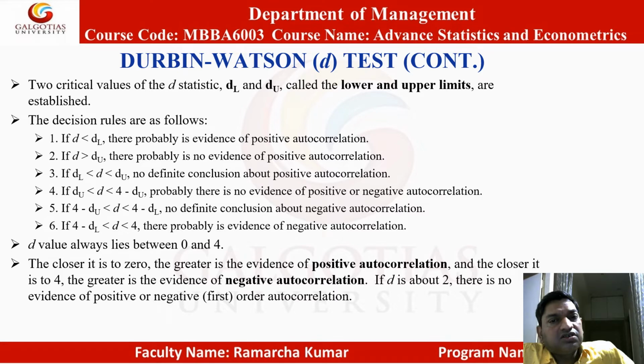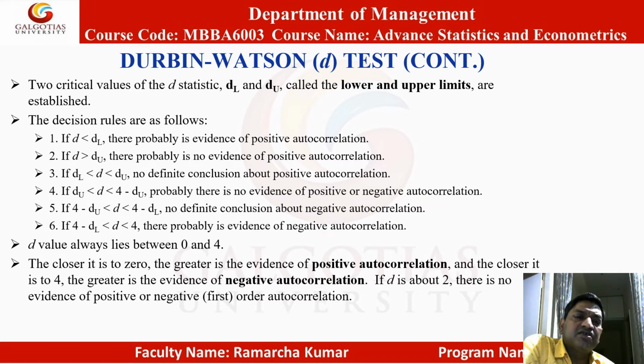For the Durbin-Watson test, two critical values of the d statistic, d lower and d upper, dL and dU, are established as lower and upper limits, and the decision rules are as follows. If d is less than dL, there probably is evidence of positive autocorrelation. If d is greater than dU, then there is no evidence of positive autocorrelation.